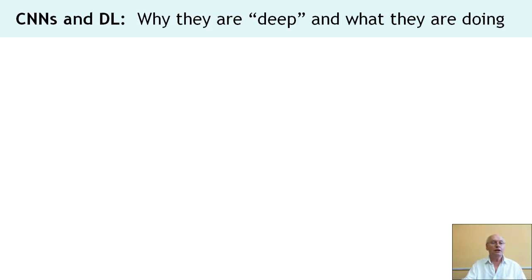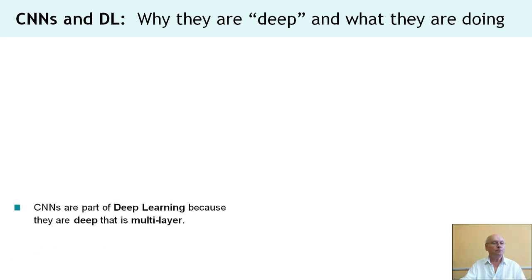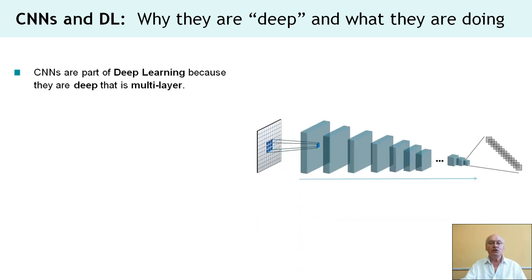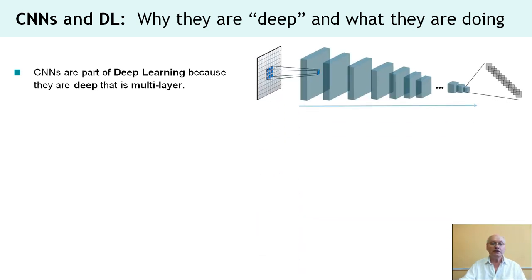Okay, next, why are CNNs deep and what are they doing. CNNs are part of deep learning because they are deep and multi-layer. We have several, sometimes more, sometimes less, of these convolutional layers.